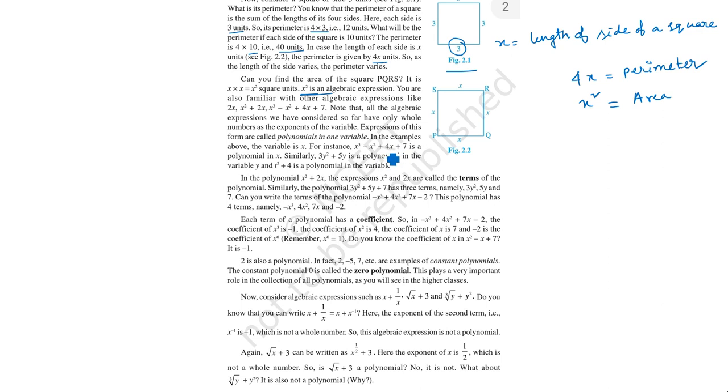So what is a polynomial? We are going to define the polynomial. So let us see the definition of a polynomial in one variable.